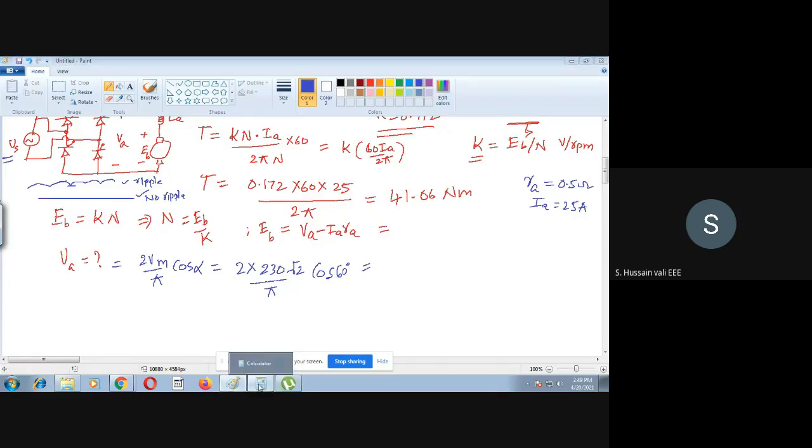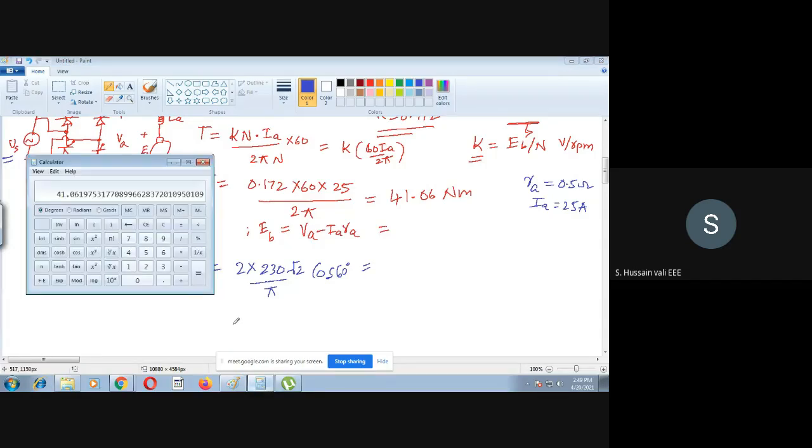Let me see in the calculator. So we got an answer of 103.53, or we will put 103.52 only.